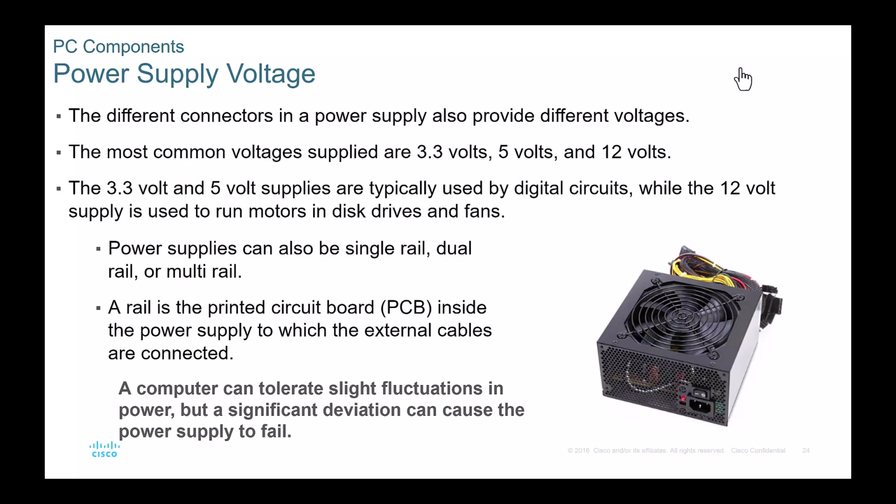Power supplies can be what's called a single rail, dual rail, or multi-rail. That's basically the amount of, I always look at it as the smarts inside, in that it separates them out into different PCB components, like little circuit boards, to help control how the energy actually flows.